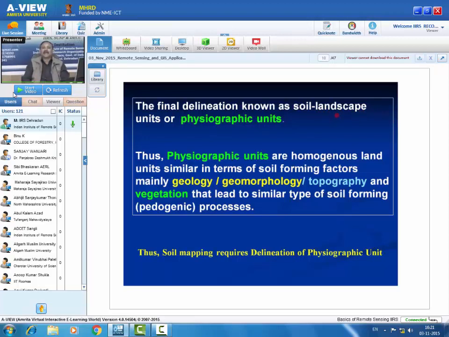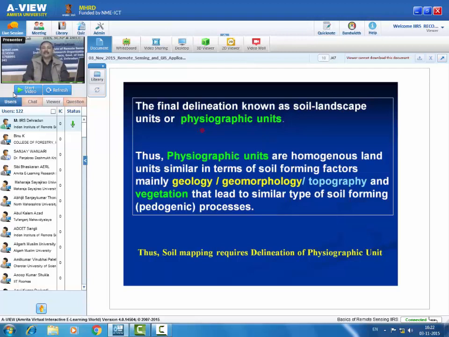Simply, I will summarize: first you divide your area into geomorphology, then each geomorphology you further divide based on the slope, and then each geomorphology and slope unit is further divided based on land use, land cover. For example, which area is under forest, which area is under agriculture, which area is under scrub land. That division will form the polygon, which will be called a landscape, or a physiographic unit.